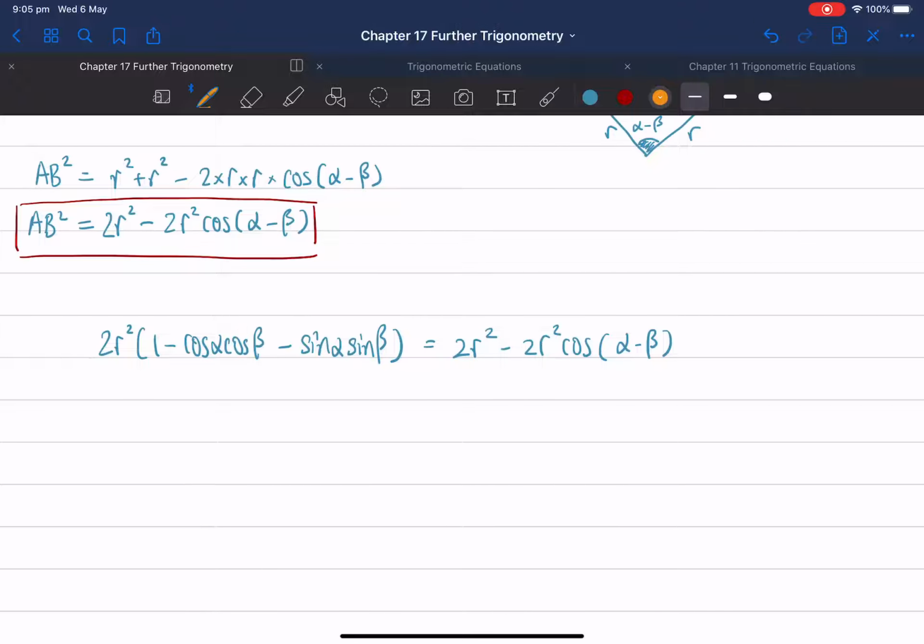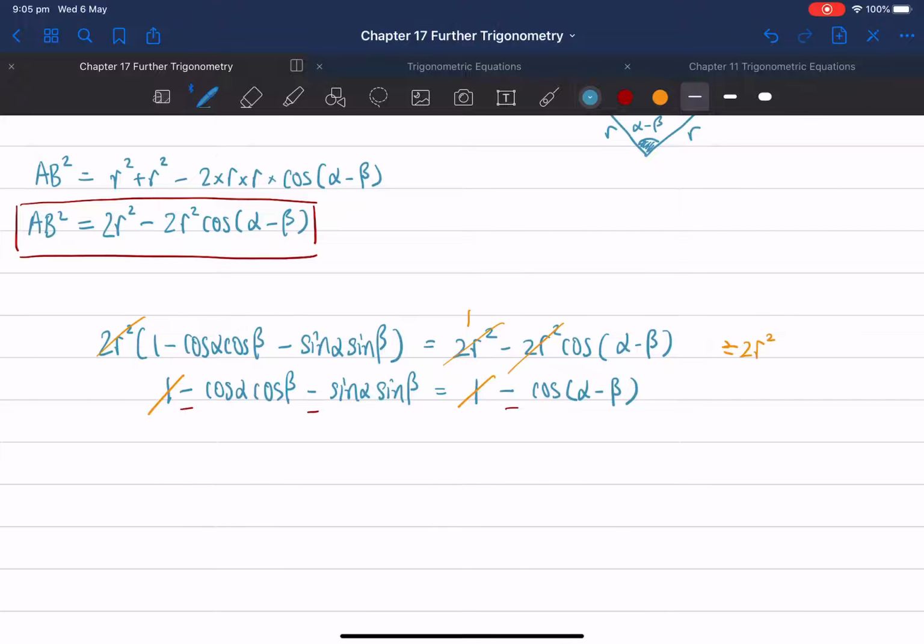If we divide everything by 2r squared, the 2r squared cancels out. So we get 1 minus cosine alpha cosine beta minus sine alpha sine beta is equal to 1 minus cosine (alpha minus beta). We can cancel the 1 and 1 on both sides, and then change all the minus to positive.